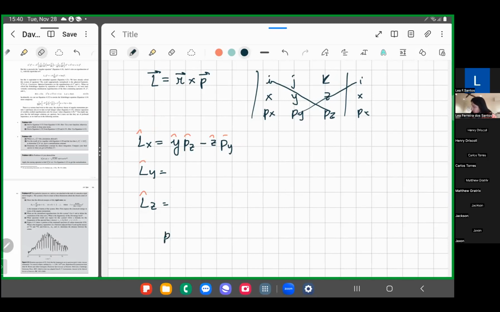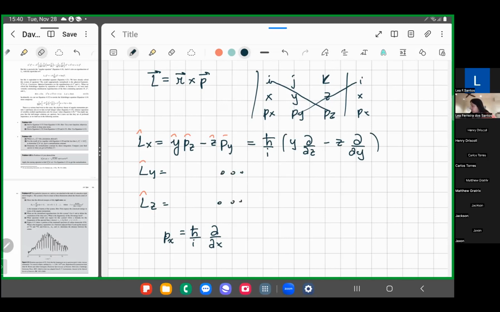We already know, but now we are talking about the momentum operator in each direction, since we are playing with a 3-dimensional problem. So PX is H bar over I times the derivative in X. Same thing for Y, same thing for Z. So LX is going to be H bar over I, and then we have Y times the derivative in Z, minus Z times the derivative in Y. Same thing for the other ones, Y and Z.